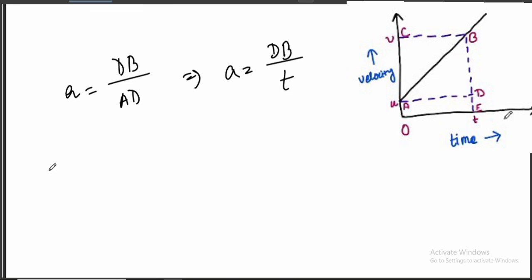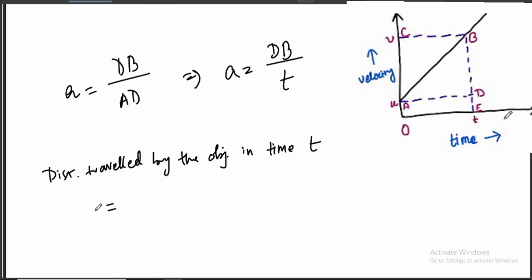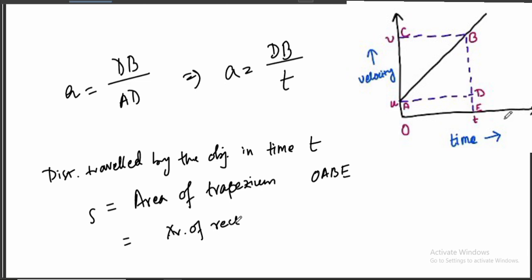Distance traveled by the object in time t is equal to the area of trapezium OABE, and that can be written as area of rectangle OADE plus area of triangle ADB.